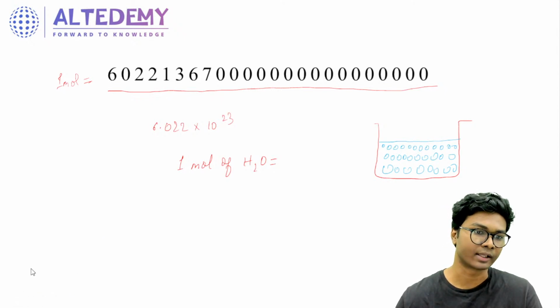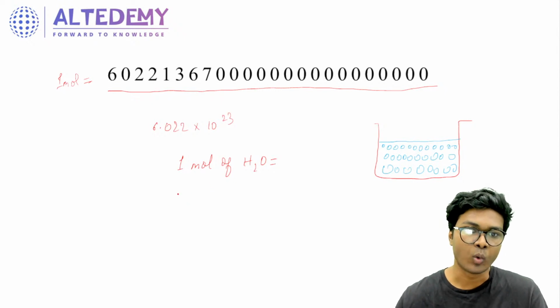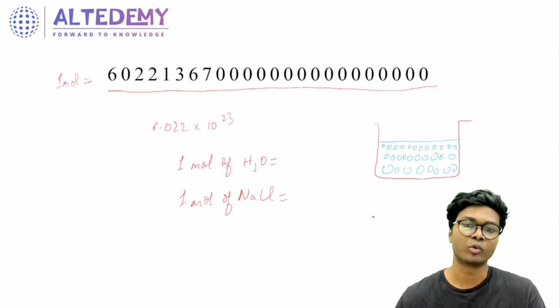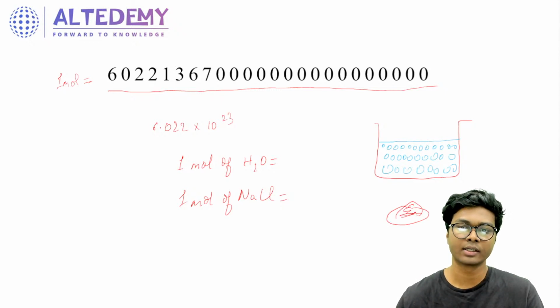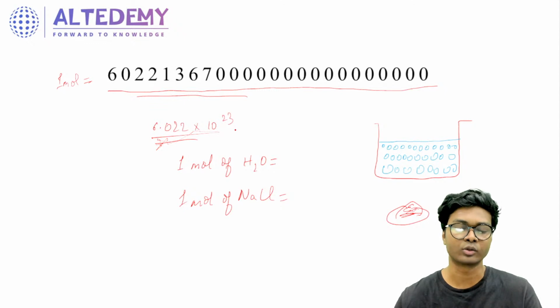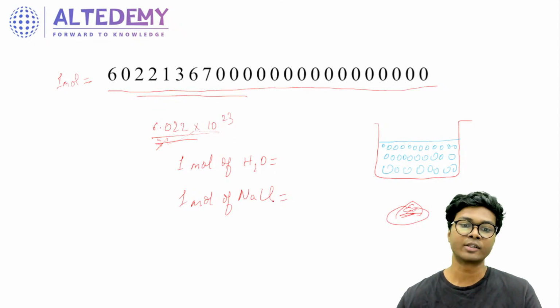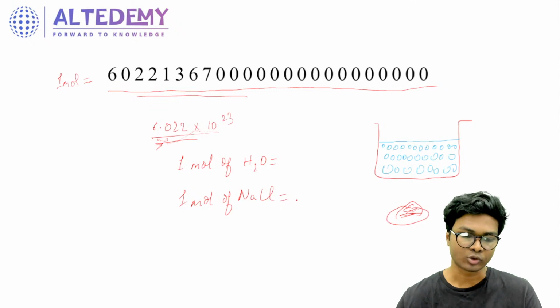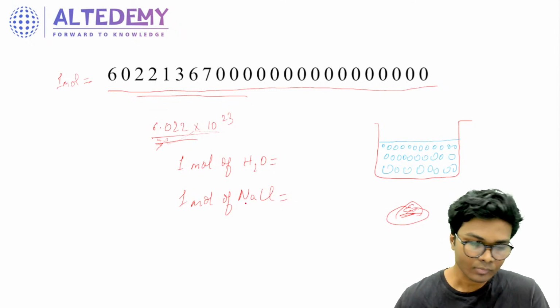This is true for everything, not just water. Even if we say 1 mole of sodium chloride in a tray, that means there are 6.022 into 10 to the power 23 molecules in this 1 mole of sodium chloride. Got it?